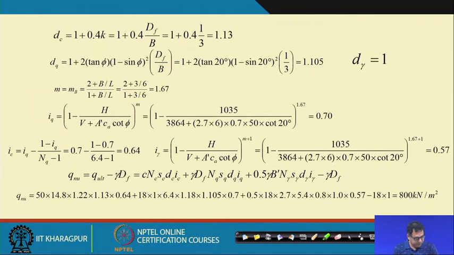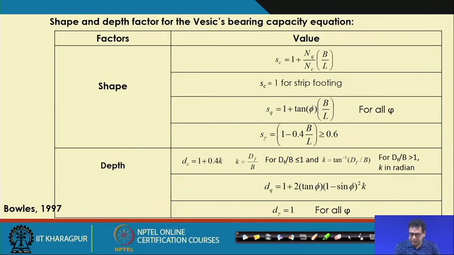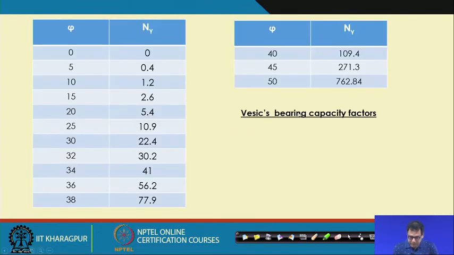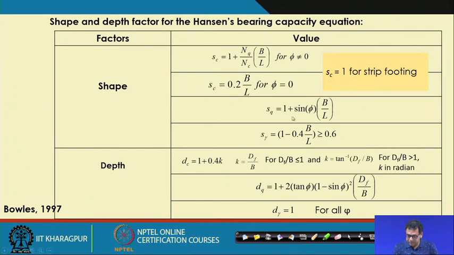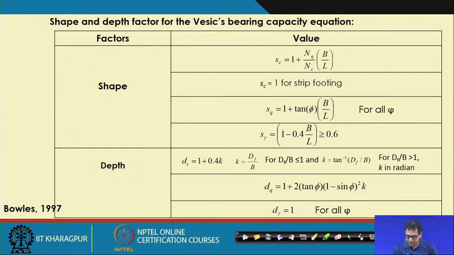And then the shape factor and depth factor are similar to Hansen's, but there is some difference. In case of Hansen it was sin phi, but here it is tan phi.